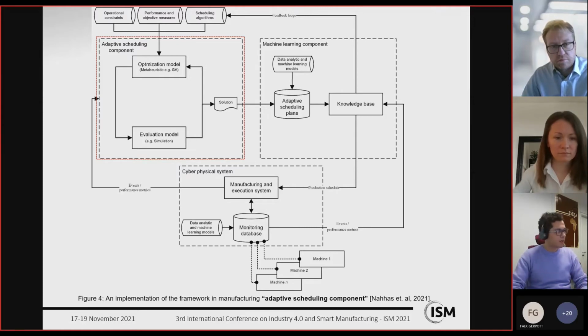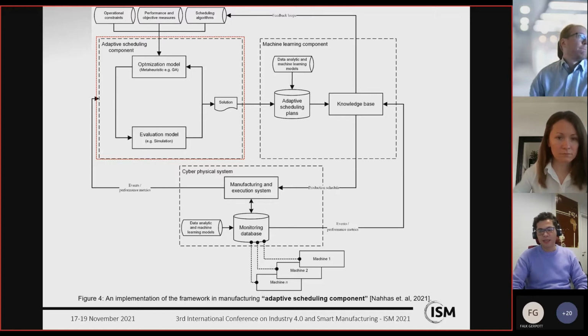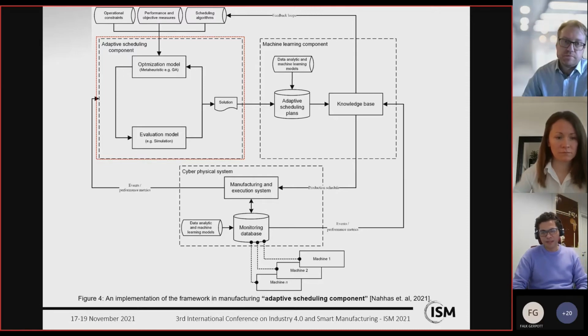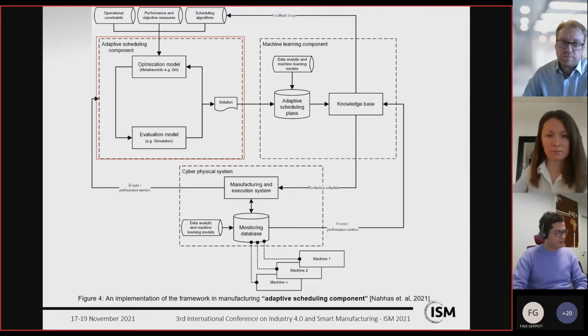First, the optimization model, which in this presented approach is based on combining evolutionary algorithms and non-dominated sorting genetic algorithms with a set of self-developed heuristic techniques and normal priority dispatching rules. For evaluation purposes, we developed a simulation model, which serves as an evaluation component.